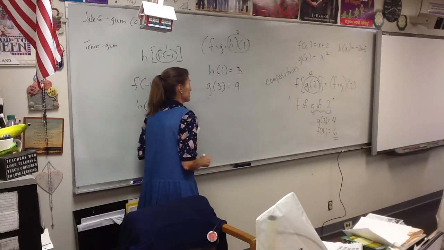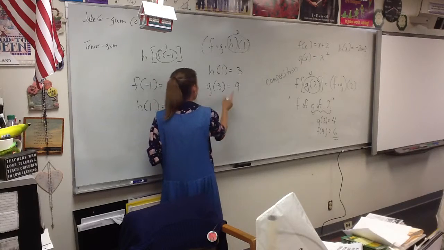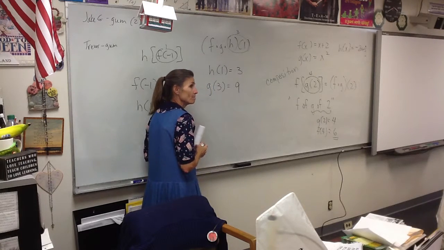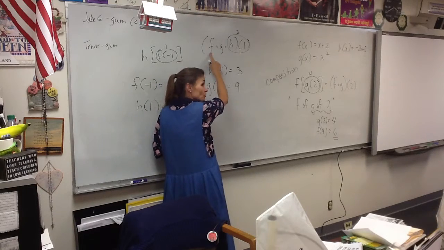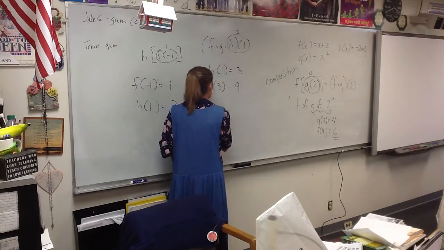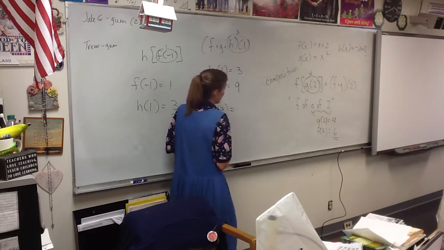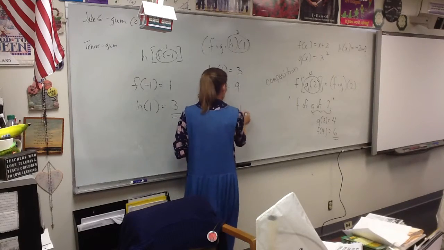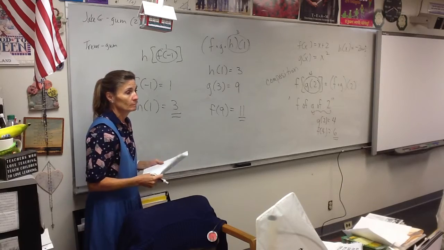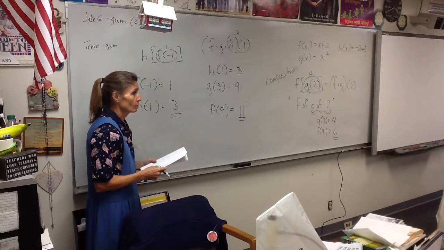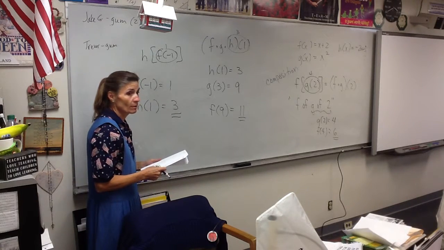And then Moses, what am I going to do with that 9? Plug it into F. And F of 9 would be 11. Is that okay with everybody?